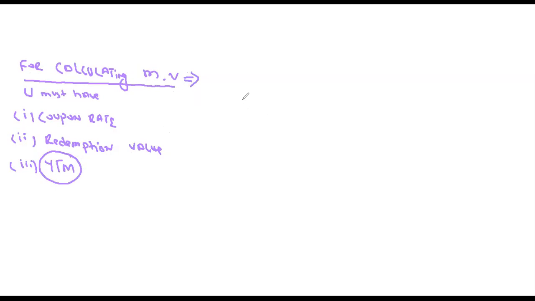Like we say that market value is 108, coupon rate is 5%, and redemption value is 100. So the examiner is requiring from us the YTM first, and then the KD.